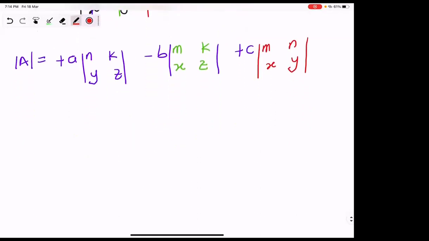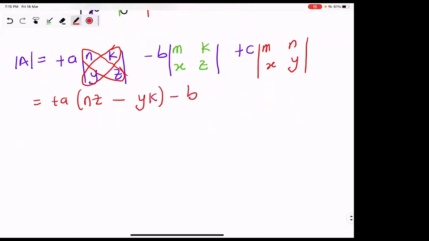From this step on, we are only finding the determinants of these 2 by 2 matrices, and we know how to do that. So we have plus A outside, times the product of the leading diagonal, NZ, minus the product of the other diagonal, YK.